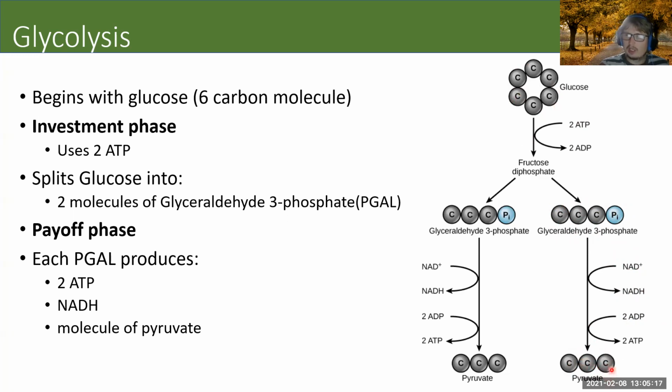So in summary, we're going from a glucose molecule to 2 3-carbon molecules, which are called pyruvate. And to do that, we use 2 ATP molecules. We get 2 NADH molecules and 4 ATP molecules out of that process.